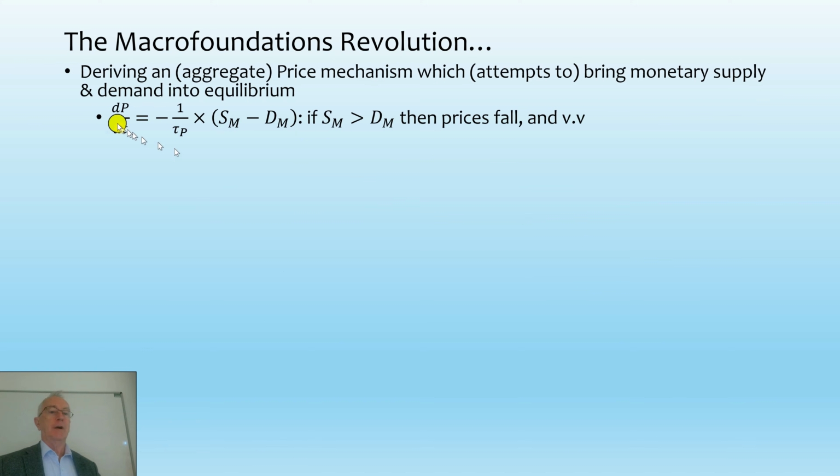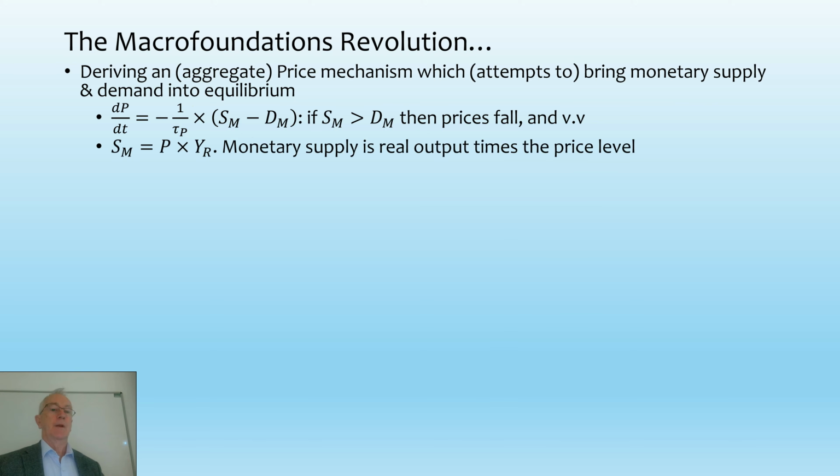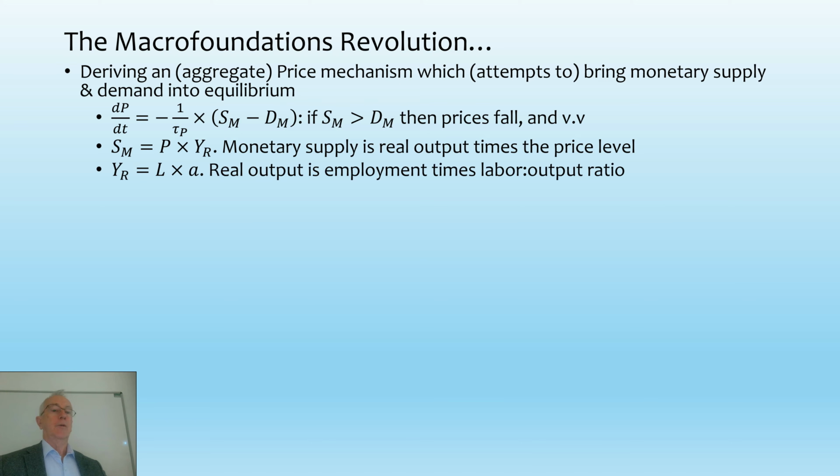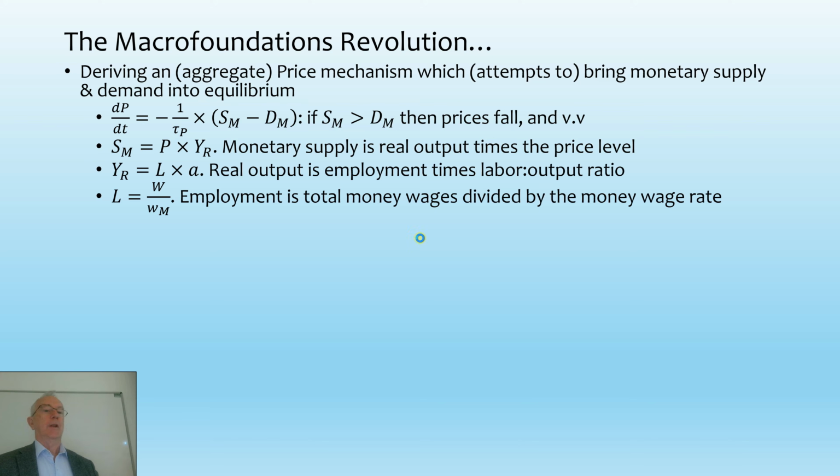So I start from saying the rate of change of prices is some time constant, some rate of convergence, multiplied by the gap between monetary supply and monetary demand. So if monetary supply exceeds monetary demand, prices will fall, and vice versa. Then the actual monetary value of supply is the price level times real output. Real output can be treated as labour times the labour output ratio. The labour itself can be treated as the total wage bill divided by the wage rate.